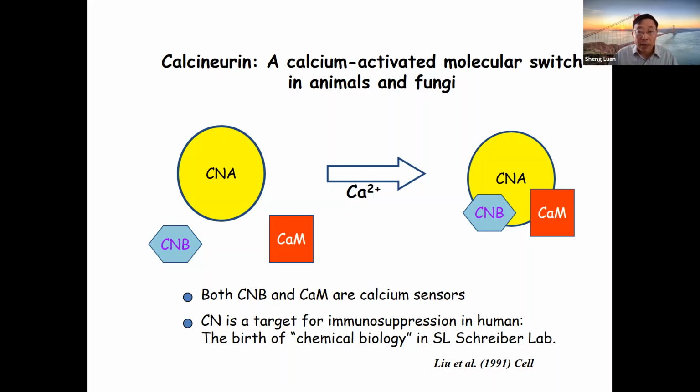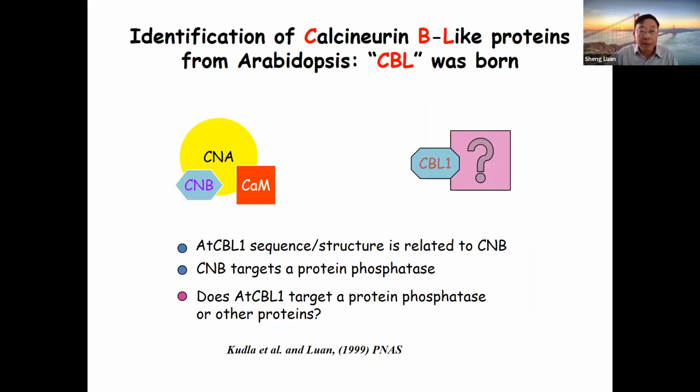So I was looking for something similar in plant, and long story short, I ended up with cloning of a protein from Arabidopsis that's related to calcineurin B. So we call it calcineurin B-like proteins, or CBL, right?